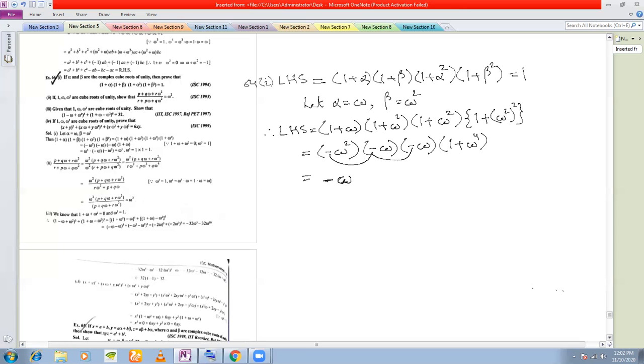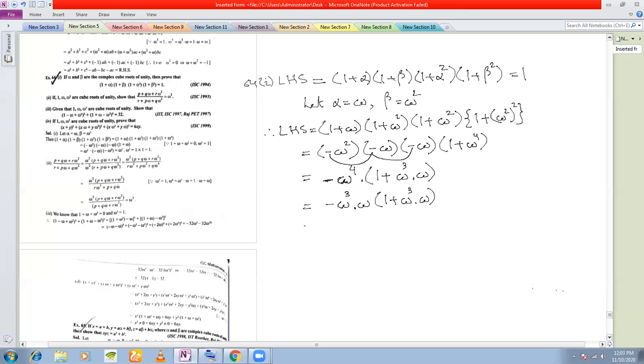And omega, what is the power of omega? 2 plus 1 plus 1, which is 4 into, and what you do here is 1 plus omega to the power of 4. You write this as omega cube into omega. Why? Because omega cube is 1. And now omega to the power of 4 also, you write this as omega cube into omega. 1 plus omega cube into omega.